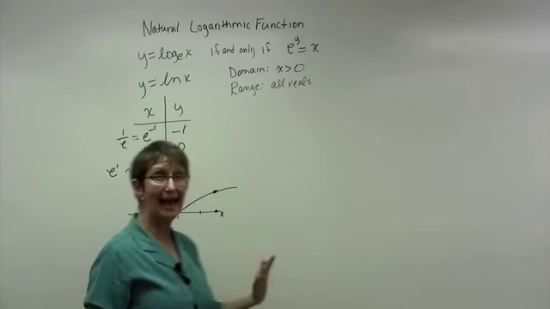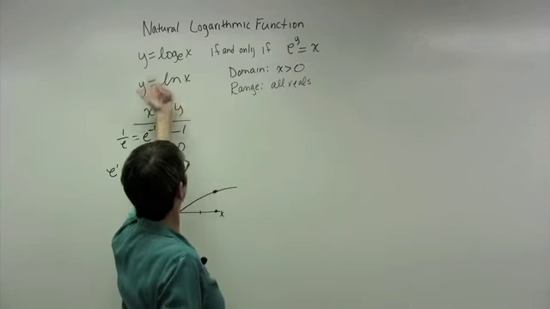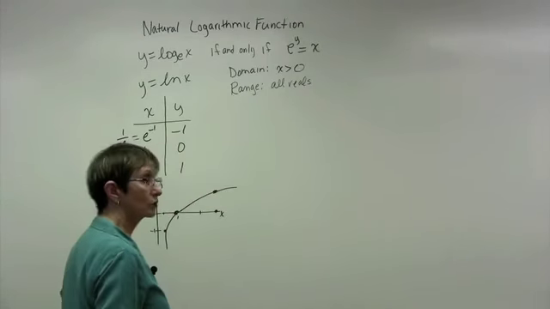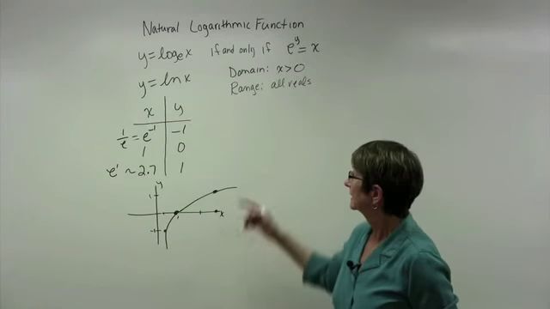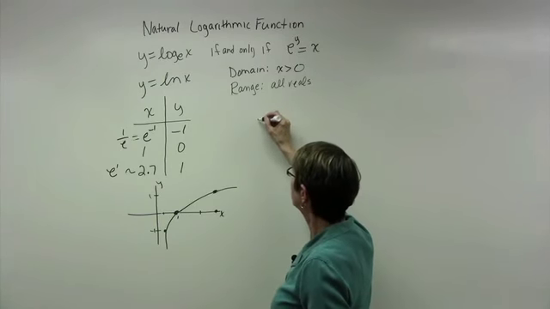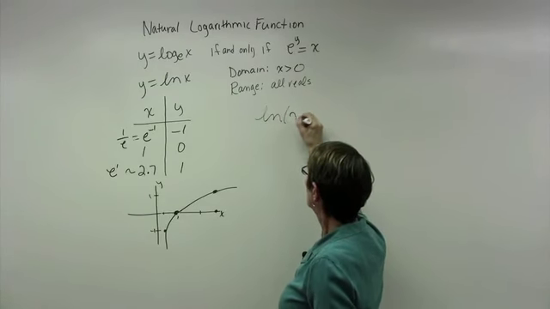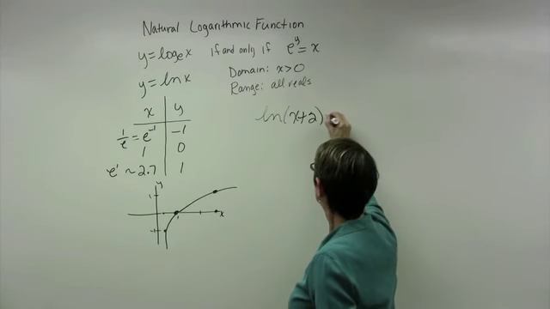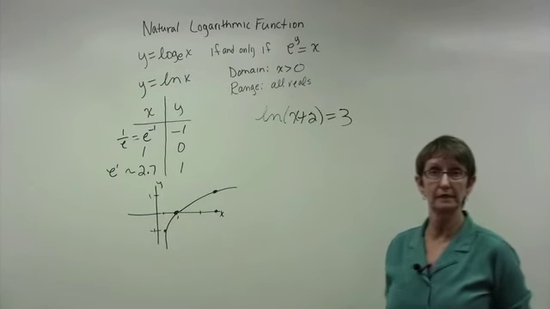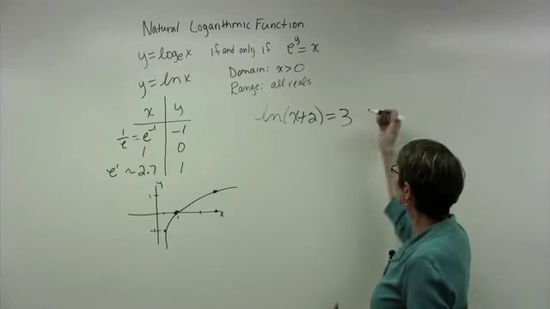Well, let's look now at an example to see if there is some way that we can use our natural log formulas here. Let's say we have natural log of x plus 2 equals 3. And I want to solve for x.